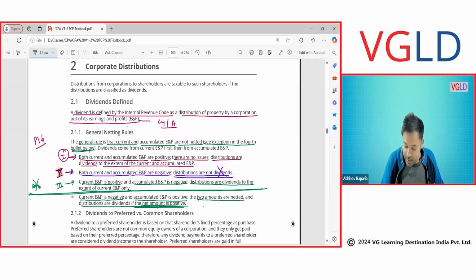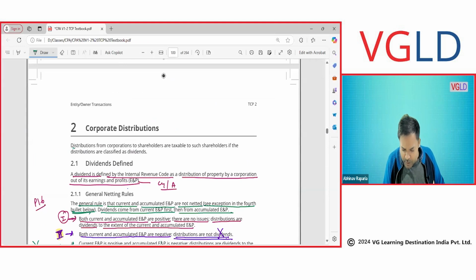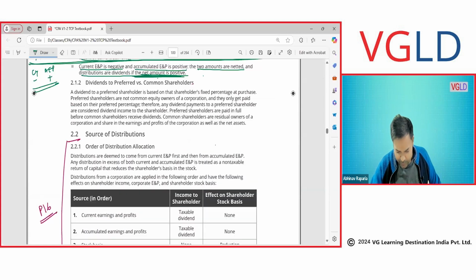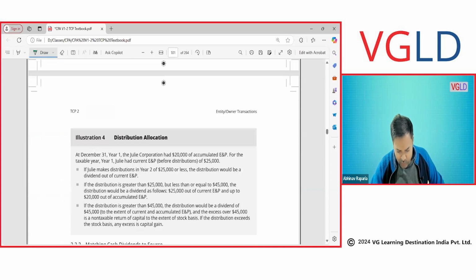We are going to adjust whenever current year is negative, accumulated is positive. Point clear, guys? Dividend comes from the current year, then the accumulated. We know that. Guys, clear? Distributions from the corporation to the shareholders are taxable to the shareholders if distribution is classified as dividend. This all we have done. Guys, I want you to do this question. It's so simple.